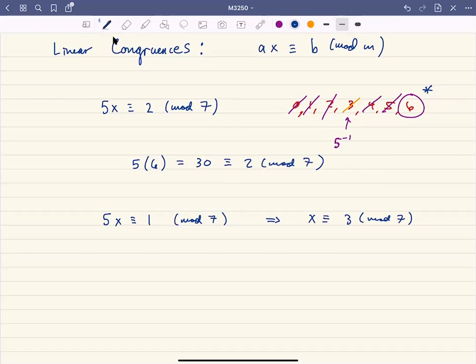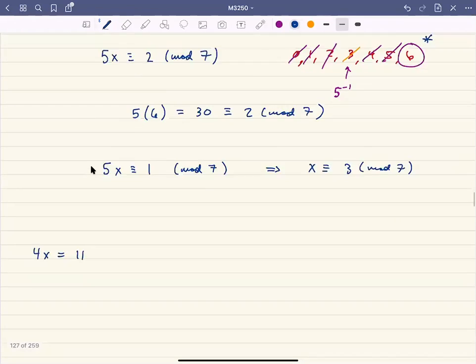Once we have this multiplicative inverse, we can take the same strategy as when we're solving regular high school algebra, like 4x equals 11. When you solve that equation, you sometimes think of this as dividing both sides by 4, but we've already seen that dividing congruences is a problem, but multiplying is not. So what you can do is multiply both sides by the multiplicative inverse of 4 if it exists.